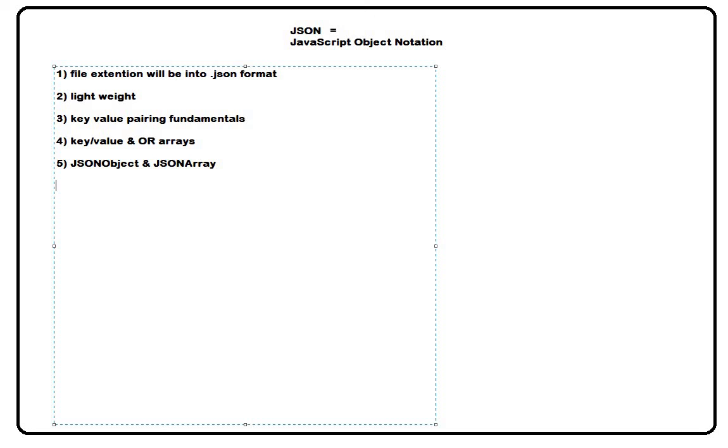And then for the key value pair, the new thing you would see compared to what you've seen in the hash map is that in JSON format you'll have both the key and the value in double quotes, like this.